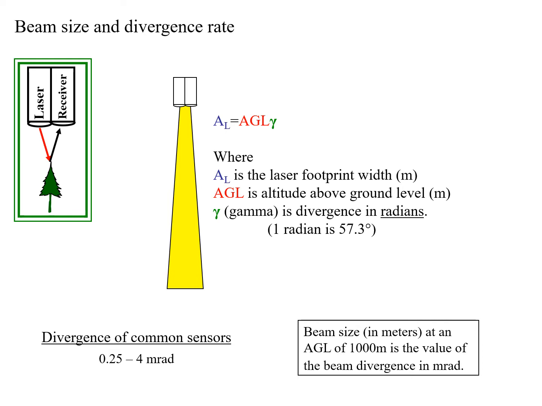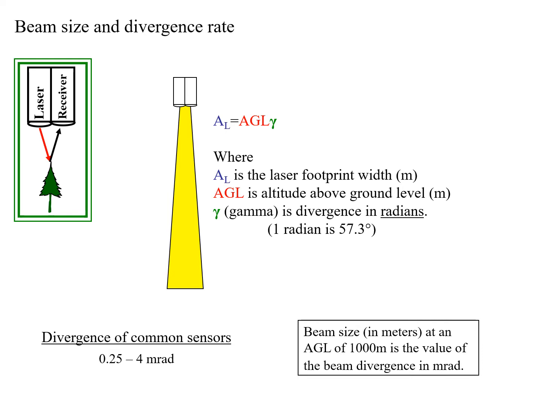So, a simple formula. As always, you don't need the formula, but I might ask you about how things vary. The laser footprint width as it intersects whatever it's intersecting is equal to the altitude above the ground level times this gamma, which is divergence in radians. A radian is 57.3 degrees, and it's just more convenient to work in radians.